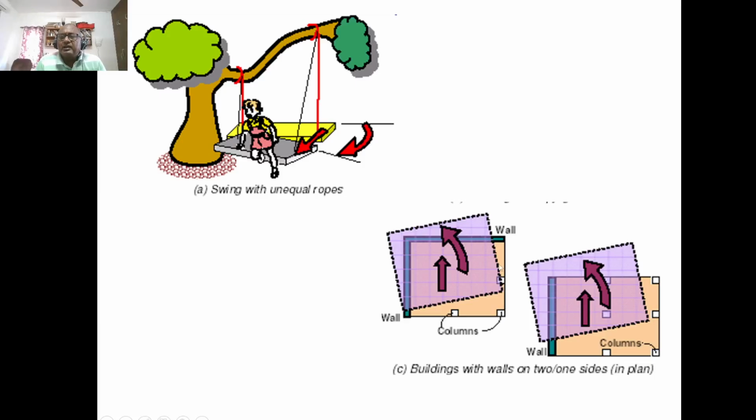When I say stiffness, it is about the lateral deformation capacity of a structural system at that point. So when I say columns, for example, a column can deform 12EI by L cube kind of thing. A wall may be slightly different. A wall can deform less only. So there is a less deformation system on one side and a large deformation system on the other side, which is called unequal stiffness. So this also can create lateral motion as well as twist.